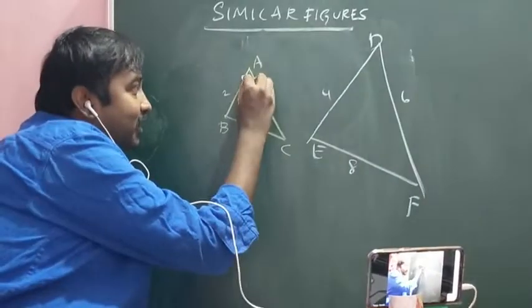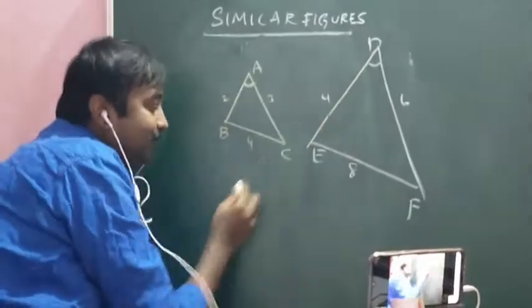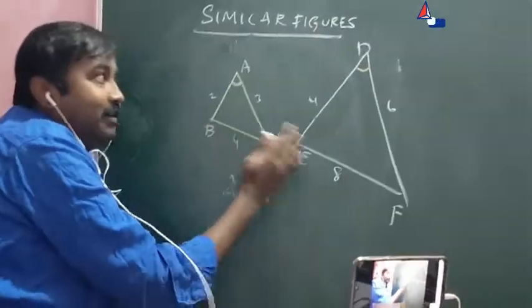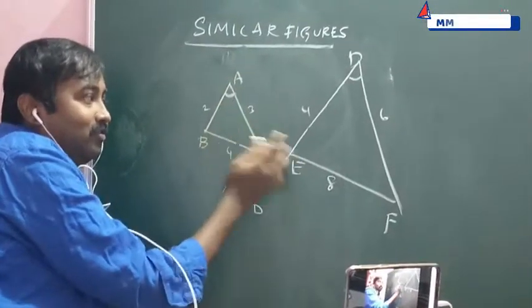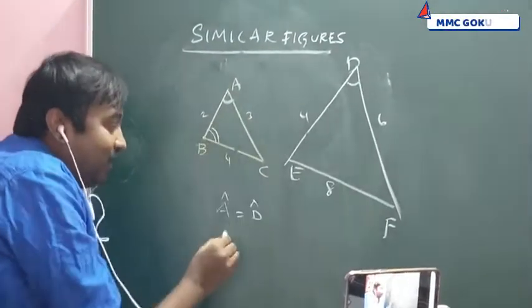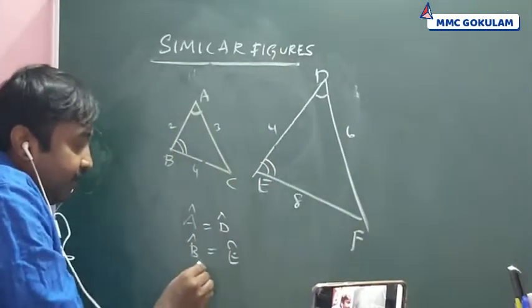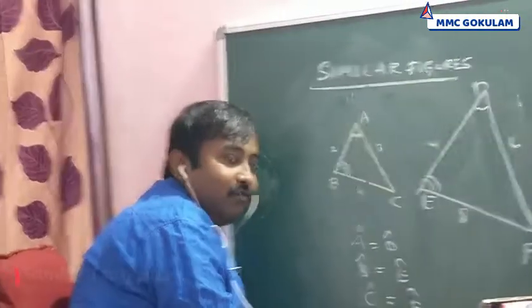You observe the triangles here. A is equal to D. It is similar because same shape. And observe angle B is equal to angle E, and angle C is equal to angle F.